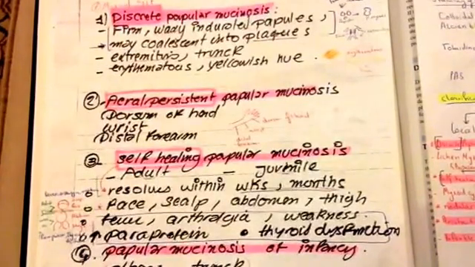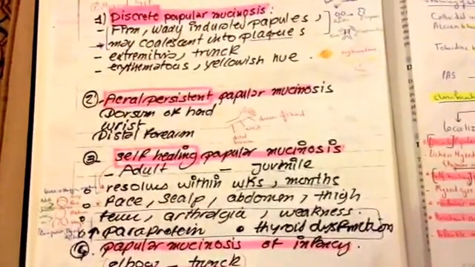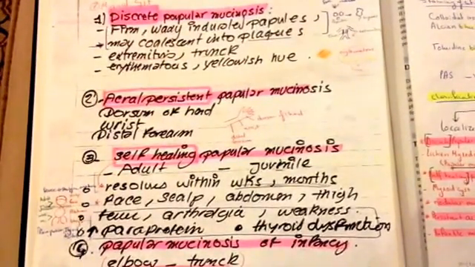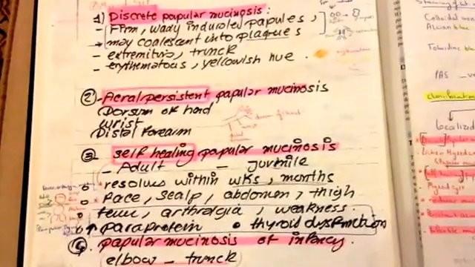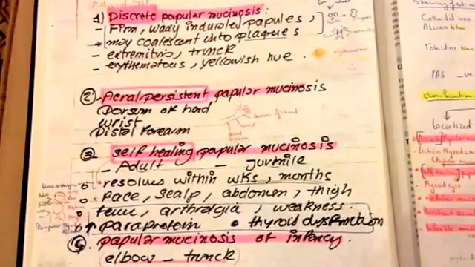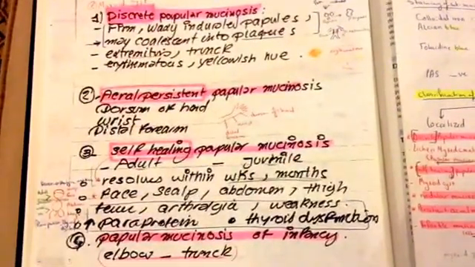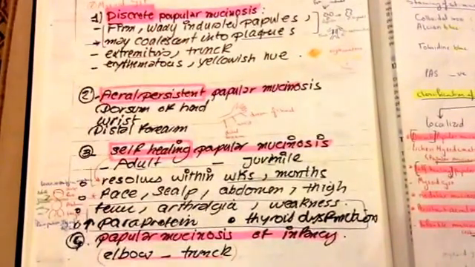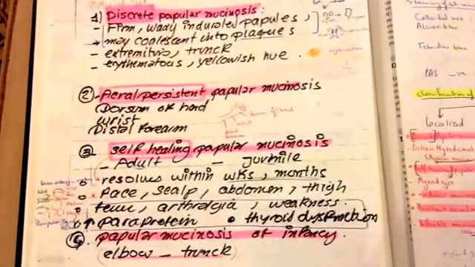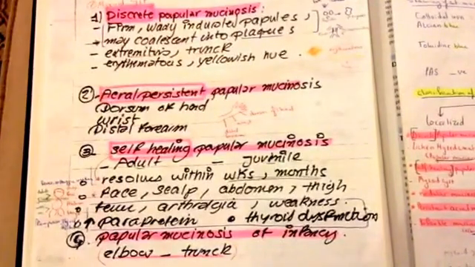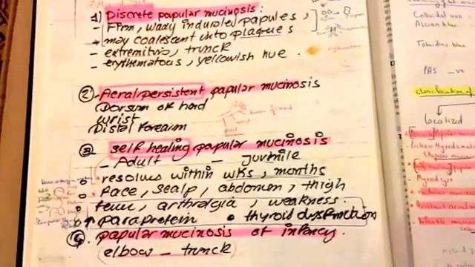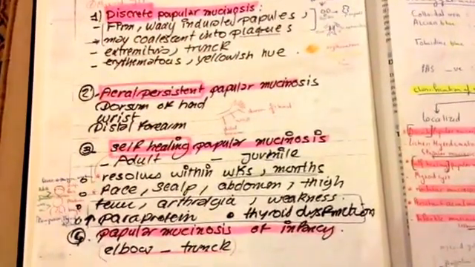There is fever, arthralgia, weakness, paraprotein, and thyroid dysfunction. This is the self-healing papular mucinosis, adult and juvenile, which resolves within weeks or months, as it is self-healing, and it occurs in the face, scalp, abdomen, and thigh, with fever, arthralgia, weakness, paraproteinemia and thyroid dysfunction.